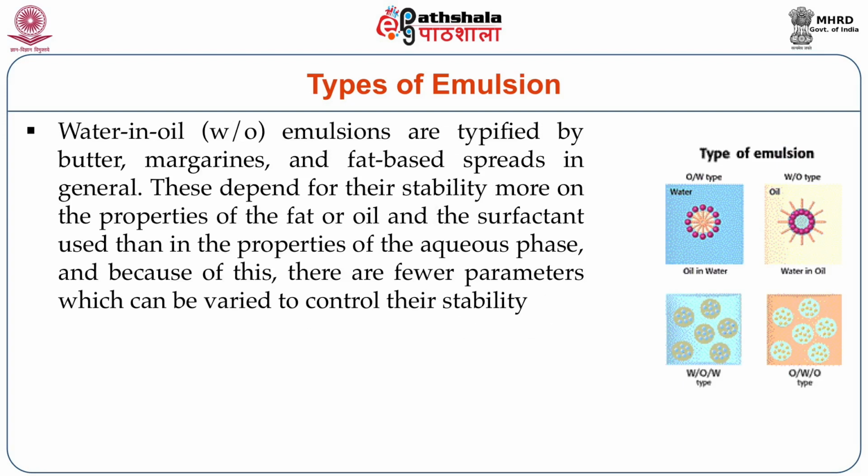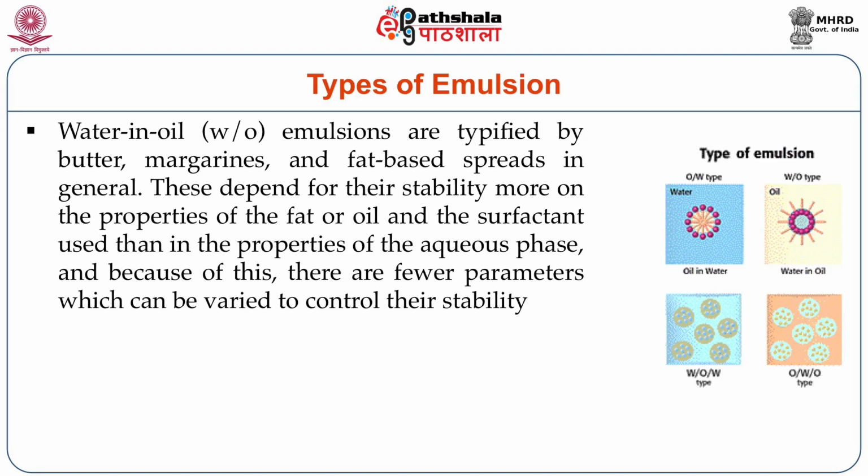Now, after the first kind of emulsion, let us move ahead to the second kind, the water in oil emulsion. Different food products like butter, margarines, fat-based spreads, etc. come under this water in oil emulsion.